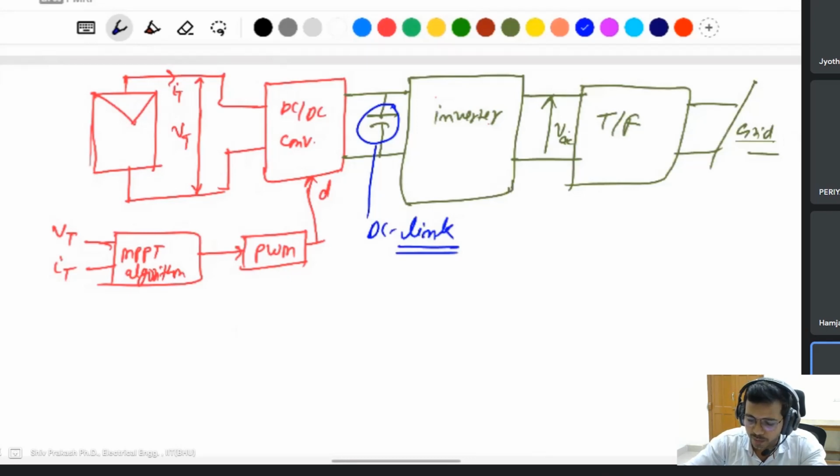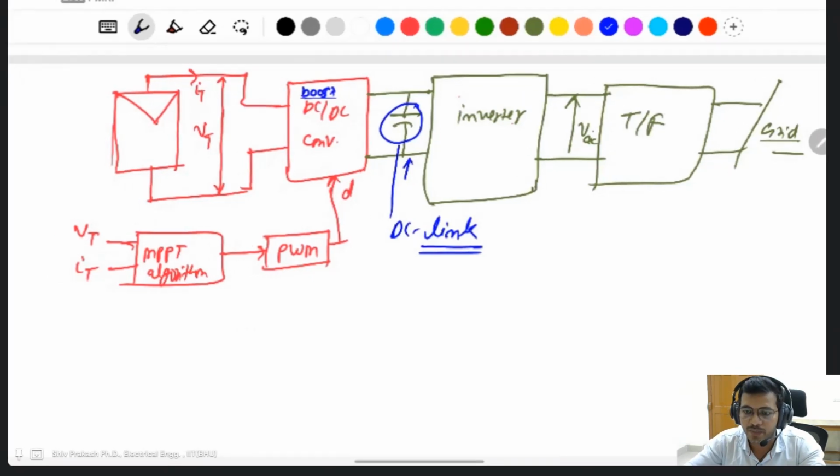By the duty cycle, you can control the output voltage. Mostly this is used as a boost converter, to step up the voltage to a level that is applied to the load and the grid.